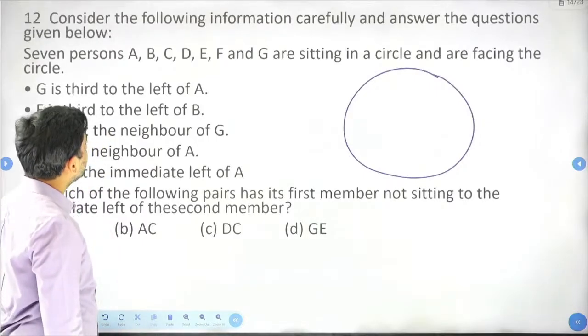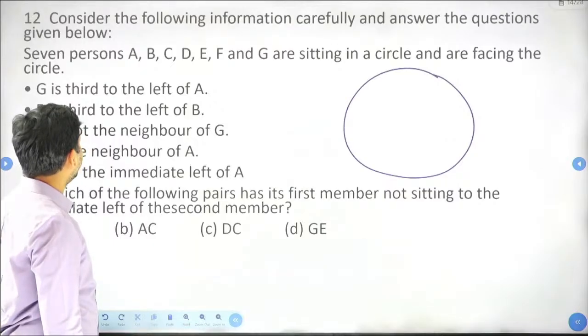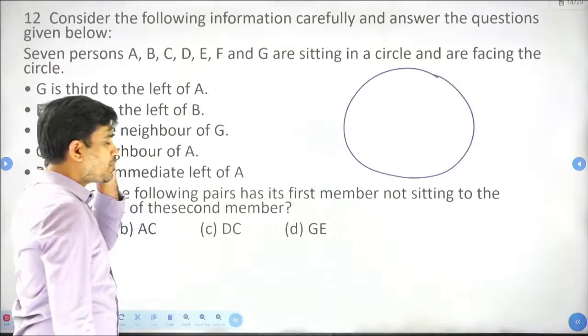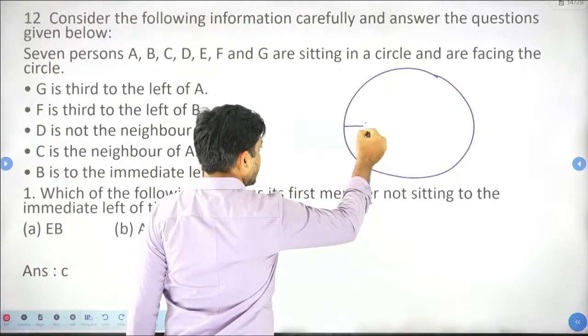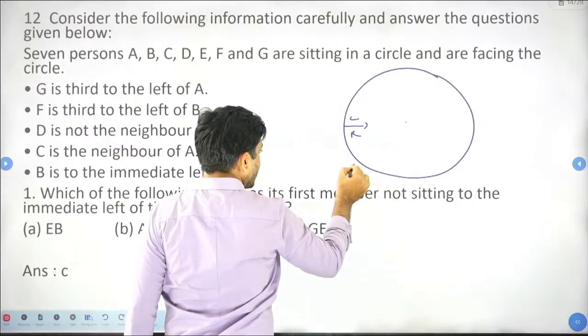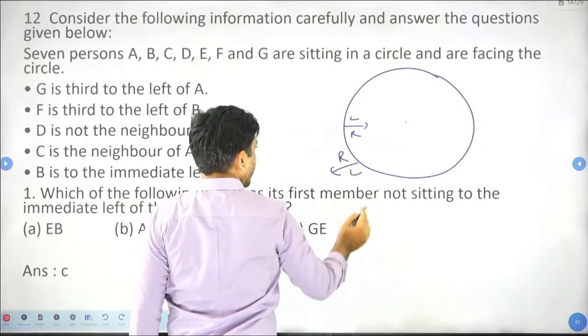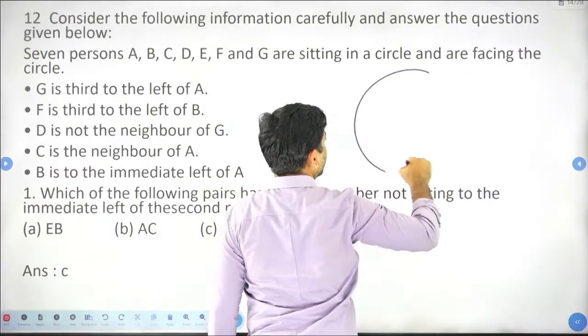Total how many? 7. Chalo. All are facing towards center. Center means like this. This is called right. This is called left. If you face outwards, this is called right. This is called left. Here all are facing towards center.